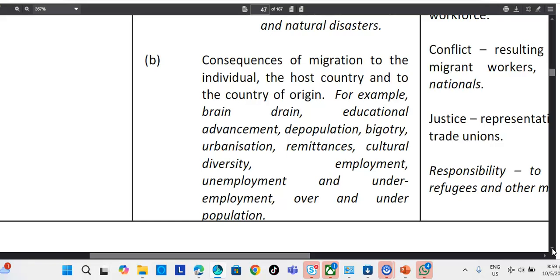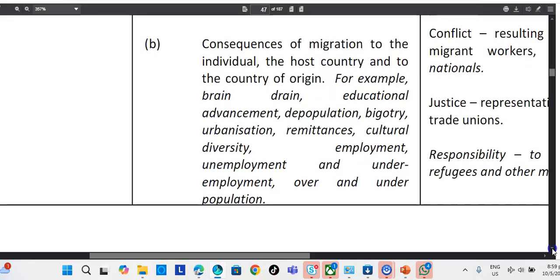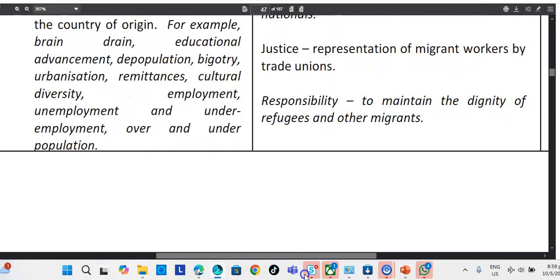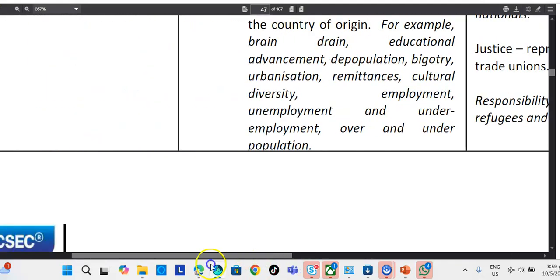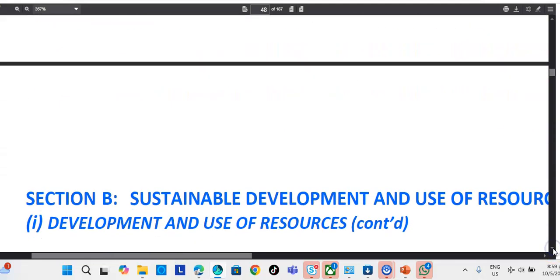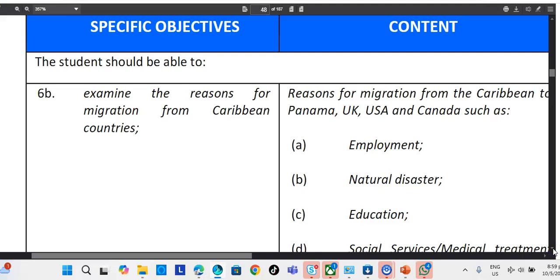If you have too many people migrating into a particular country, that can result in overpopulation. Underpopulation, meaning that a lot of people have left that country and no one is coming in, can be a cause. Yeah, migration is a very easy topic, so we don't have to dwell too much on that.